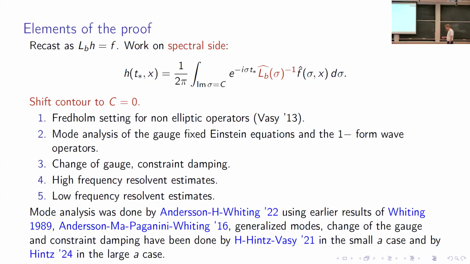And then the constraint damping was in principle already done in our original paper for small a, and was done by Peter Hintz for large a in another paper, this gluing paper, where you glue a black hole to a timelike geodesic.